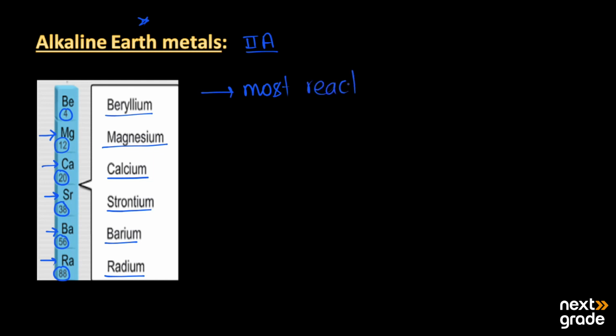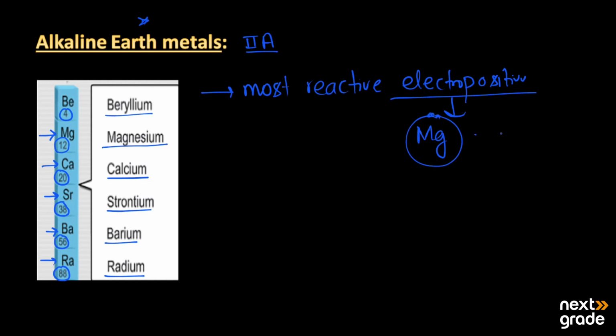Electropositive elements are those that readily lose electrons, like magnesium, which contains two electrons in its valence shell. By losing two electrons, it changes into the electropositive ion, which is known as Mg positive 2.